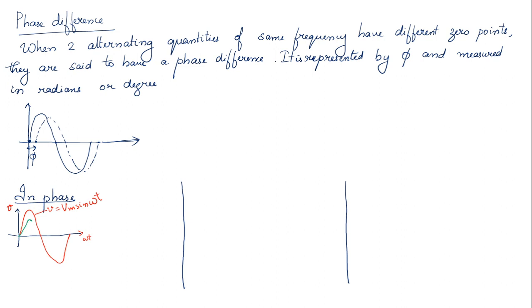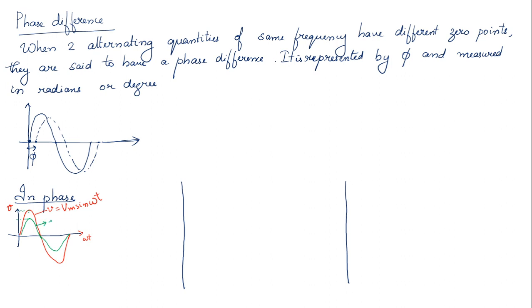Okay, and you can see here in phase concept means you can see that both the waveforms are moving together, which means their 0 points are same. Even though their magnitudes are different, that means the maximum values are different, still you can see that they are together moving.